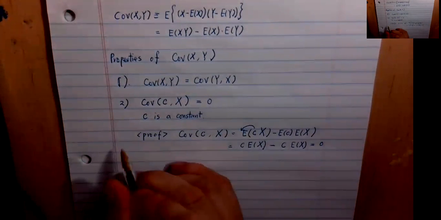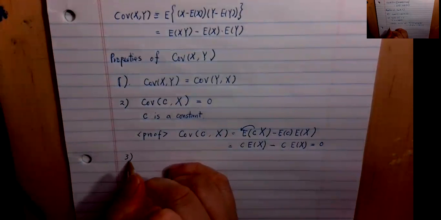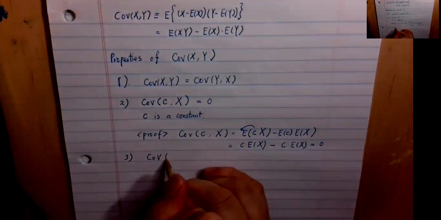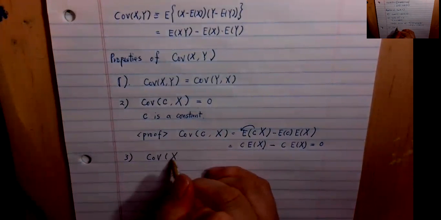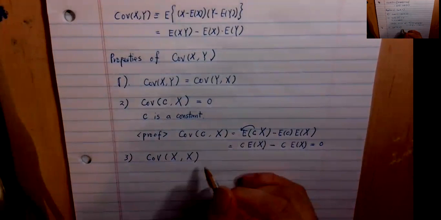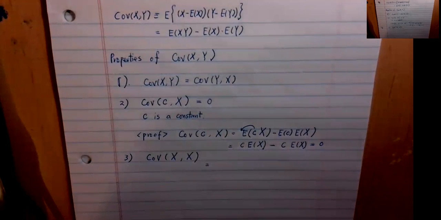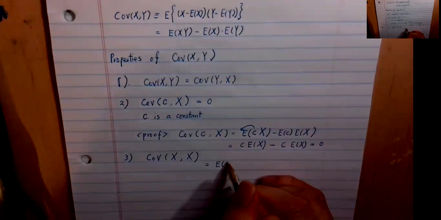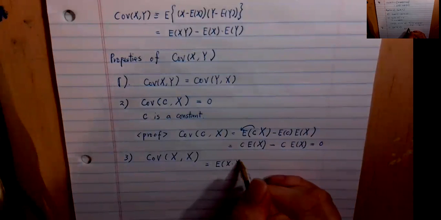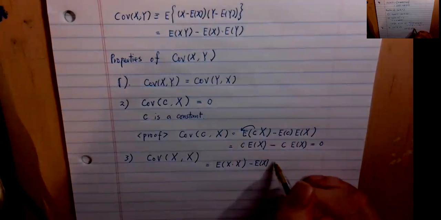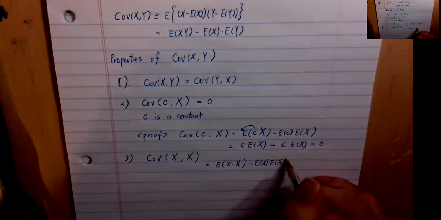Now the third one, Property 3. Covariance of XX. What's covariance of XX? As you can see, covariance XX is the expected value of X times X minus EX times EX.